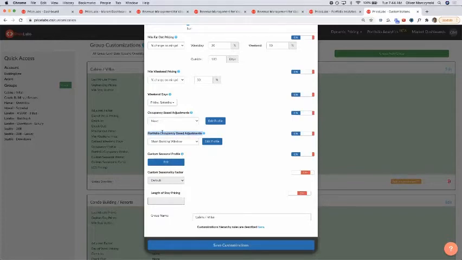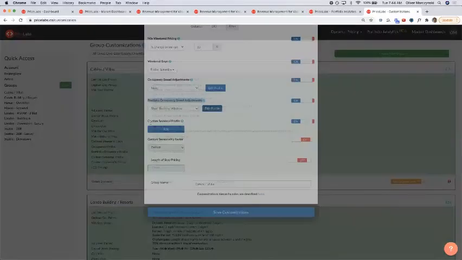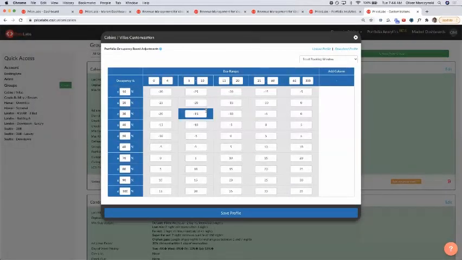So what portfolio occupancy-based adjustments does, it looks identical to listing level occupancy-based adjustments. However, here we're looking at the average occupancy of your group for any future date. So let's say we look at a date that's 15 days from today, it would fall in this 11 to 20 day column here.